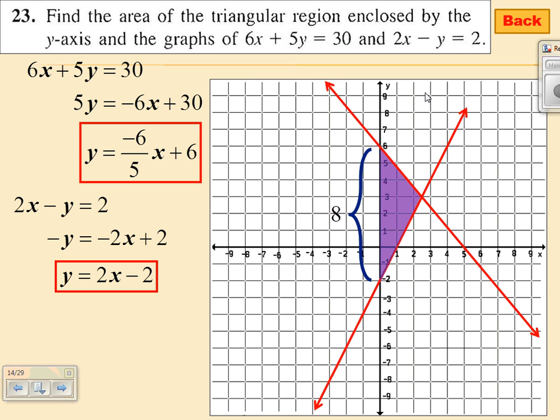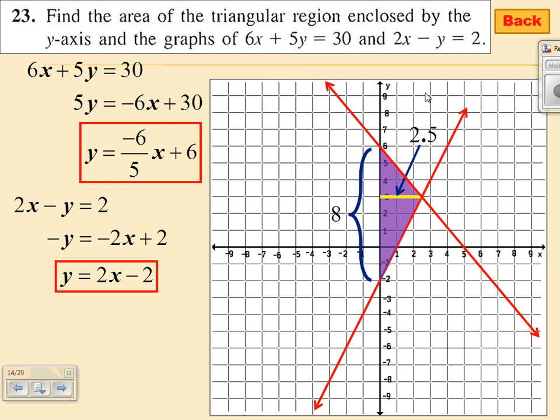That is 8. If that's the base, this is the height. What's the distance or measurement of that? If I graphed it accurately, I should have gotten a measurement of 2.5.